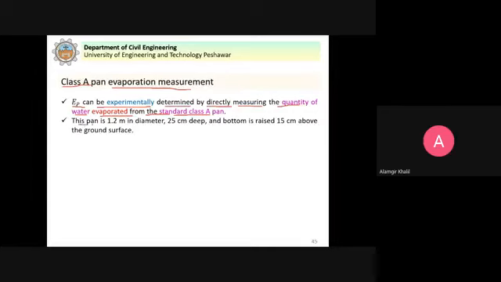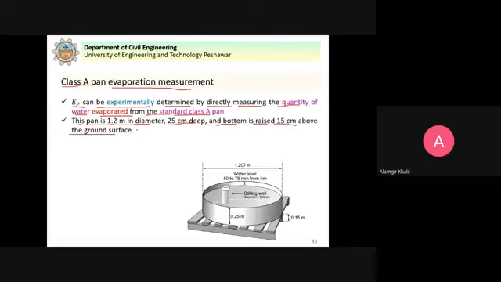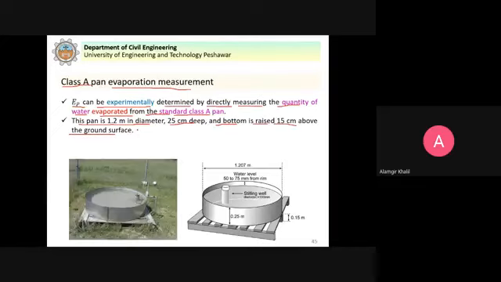The standard class A pan is 1.2 meter in diameter, 25 centimeter deep, and the bottom is raised 15 centimeter above the ground surface, in order to avoid any effect of the conduction of the ground on this pan. You might have studied this in hydrology also.